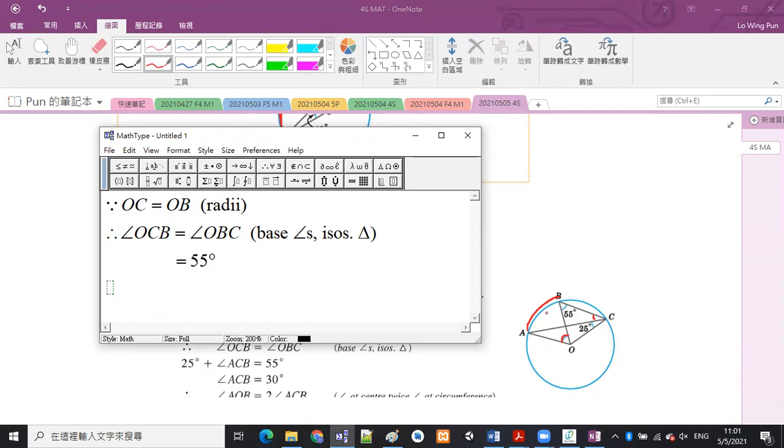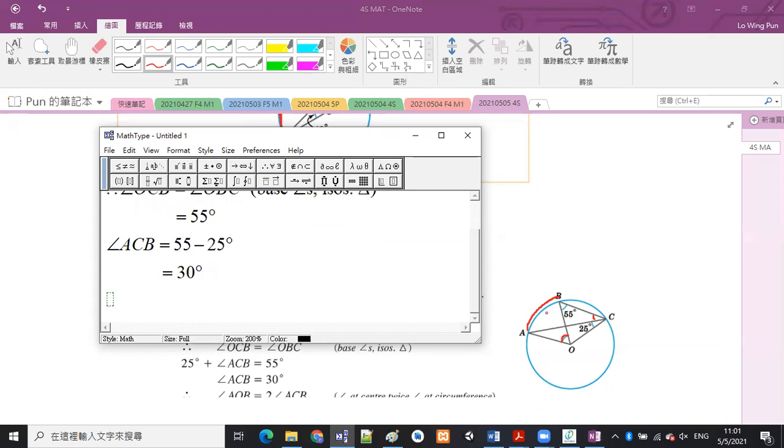Okay? So this angle OCB is 55 degrees, which means that this little part, angle ACB, should be 55 minus 25. Okay? So angle ACB is equal to 55 minus 25 degrees, which is equal to 30 degrees.